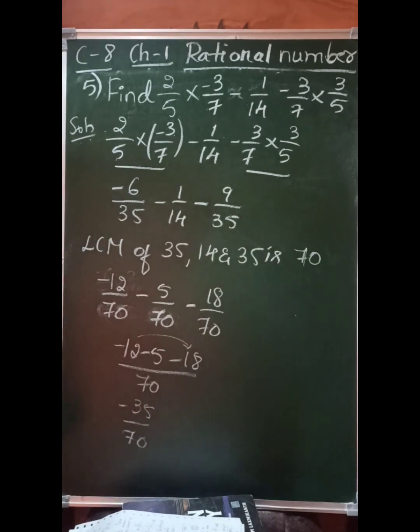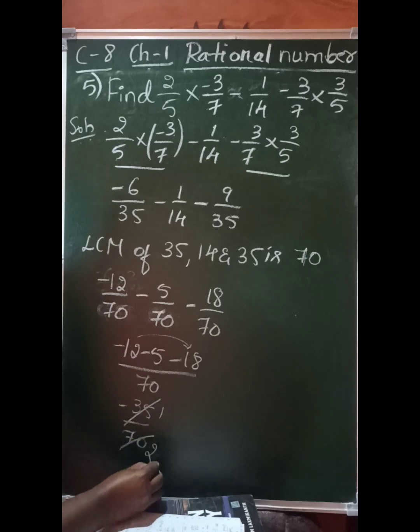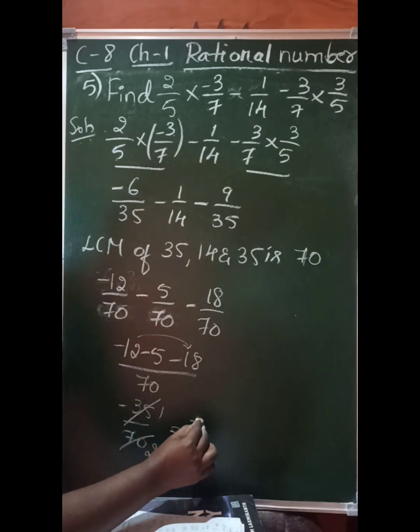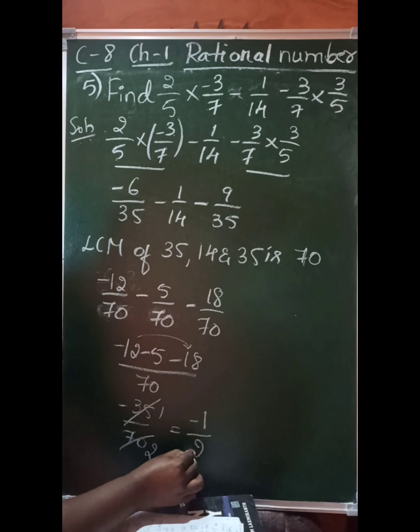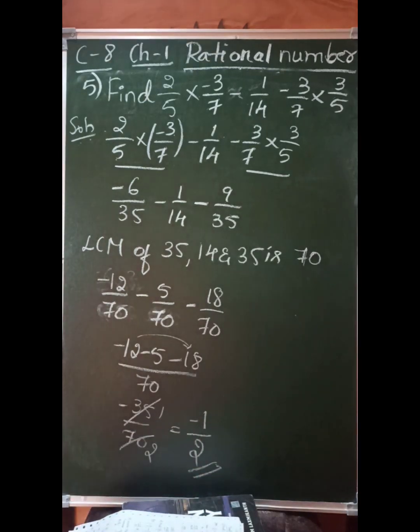Here you can keep as it is, or further think whether you can cancel those two numbers or not. See, here we can cancel the number, that is 35 ones are 35 twos are 70. So the answer will be minus 1 by 2. So this is how you have to solve the given problem.